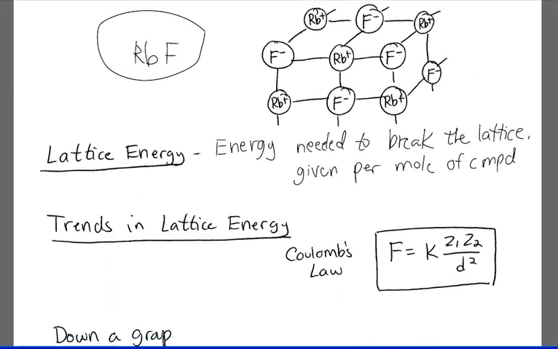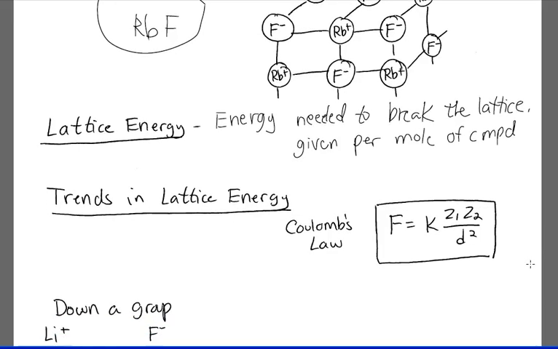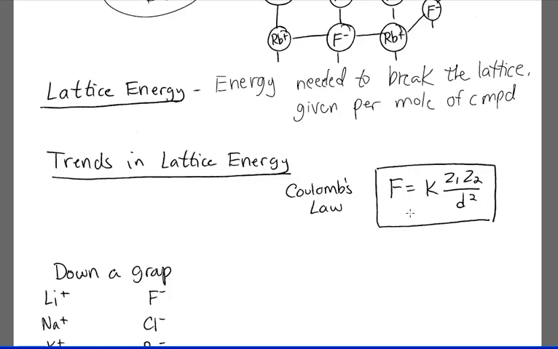And we can talk about trends in lattice energy. Since the lattice is made of charged particles, in this case ions, we can talk about the lattice energy in terms of Coulomb's law, which is given here. F is the force of the lattice, and k is just a constant, we're not concerned with that.